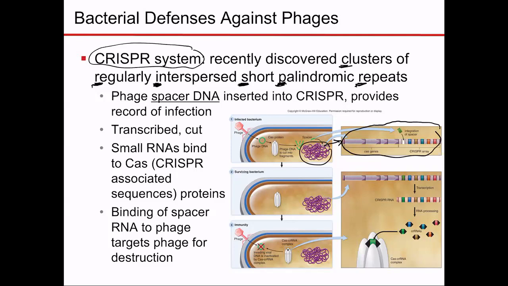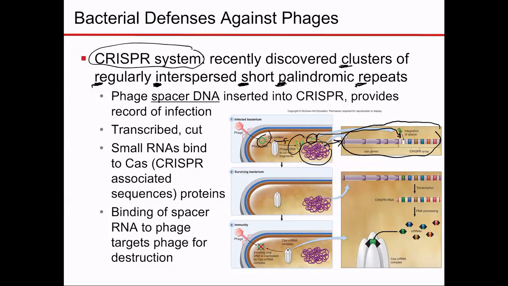These sequences are derived from DNA fragments of bacteriophages that had previously infected that prokaryotic cell. And now these sequences have been kept there in the genome of the bacteria, these tiny pieces of the genome of previous infections caused by the virus.